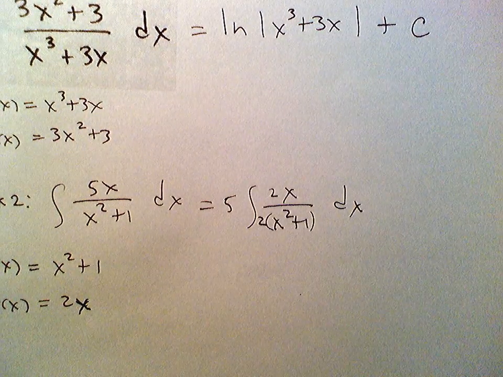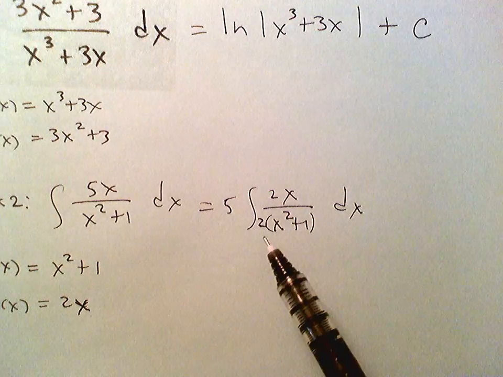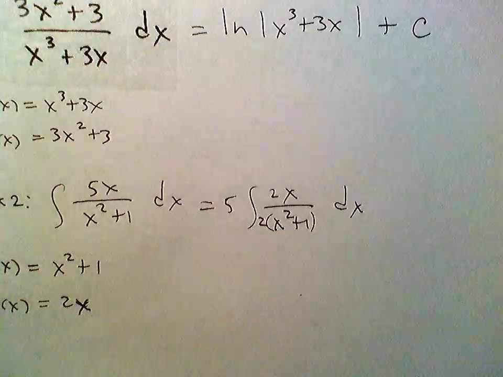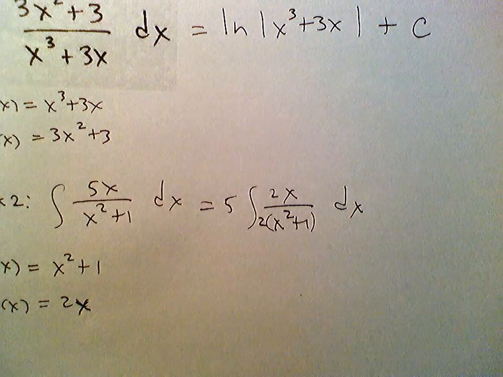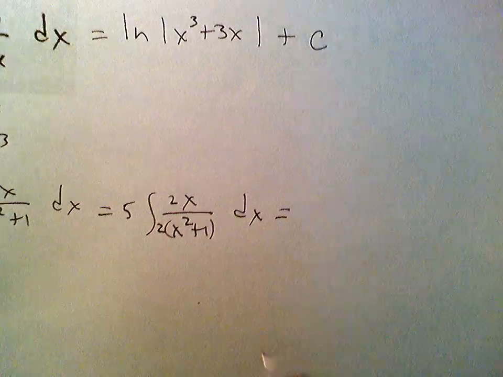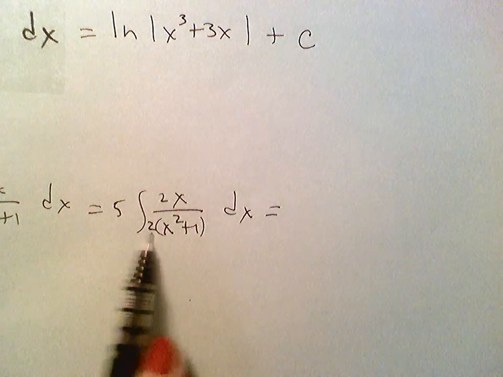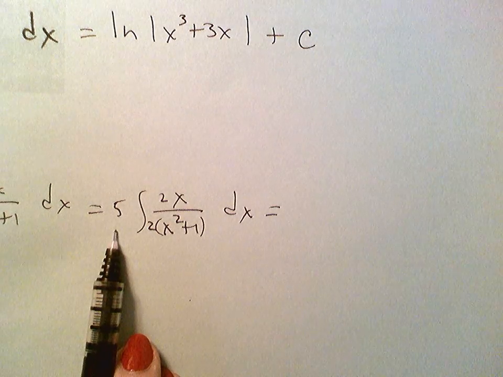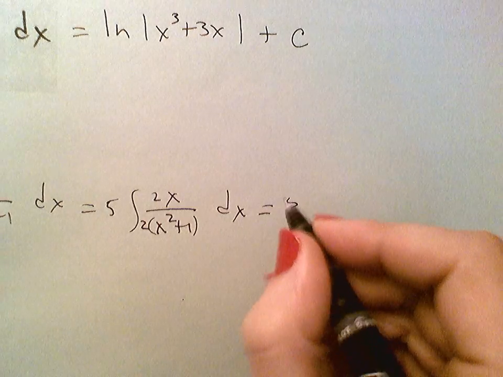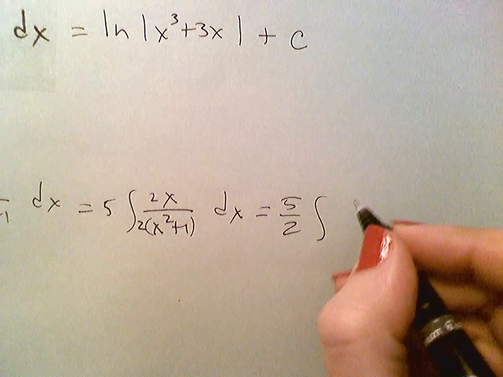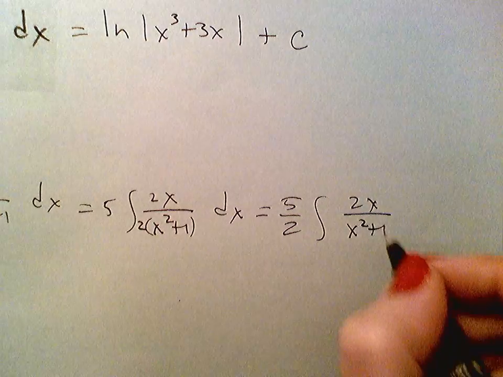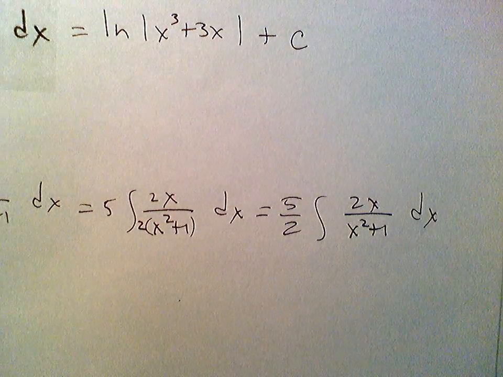Okay, 2 over 2 is 1. So I do that. And then I can use the constant multiple rule and bring the 2 in the denominator out front. So this is 5/2 antiderivative of 2x over x squared plus 1 dx.